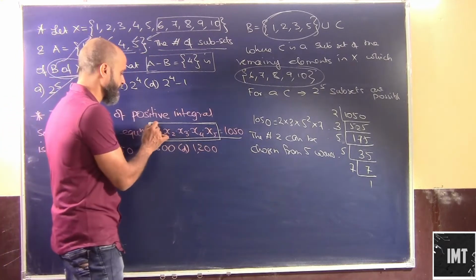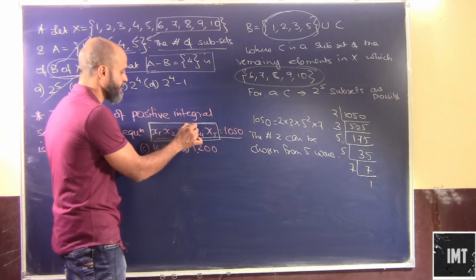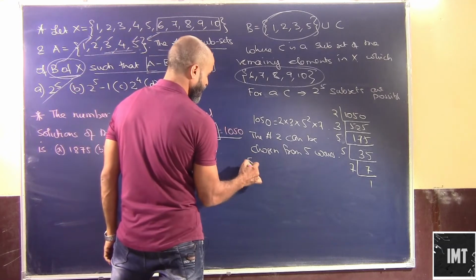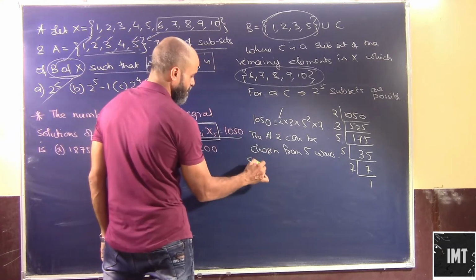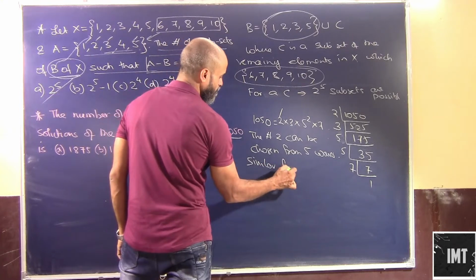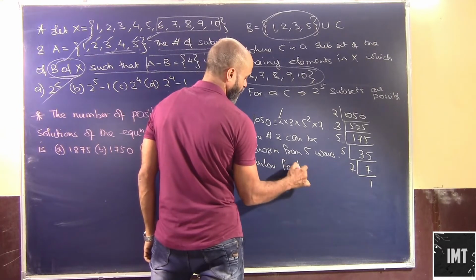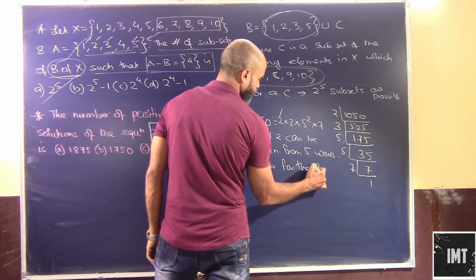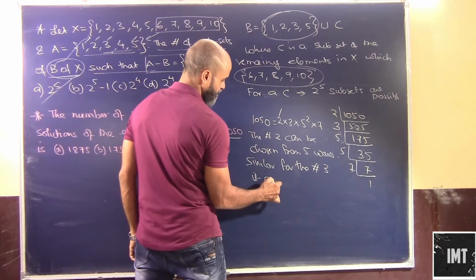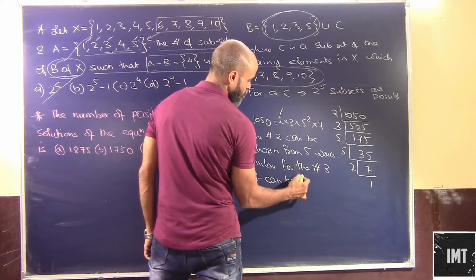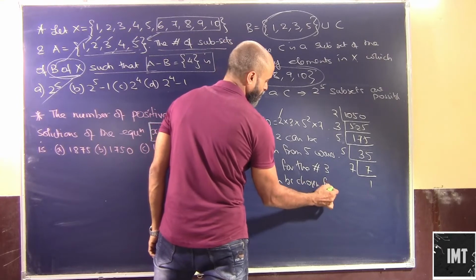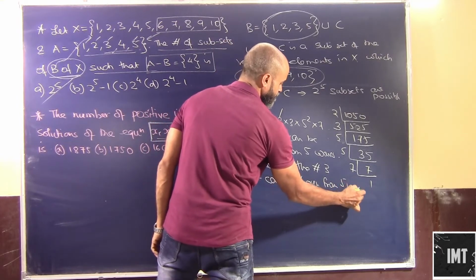It can be either x1, x2, x3, x4, or x5. Similarly, for the number 3, it can be chosen in 5 ways.